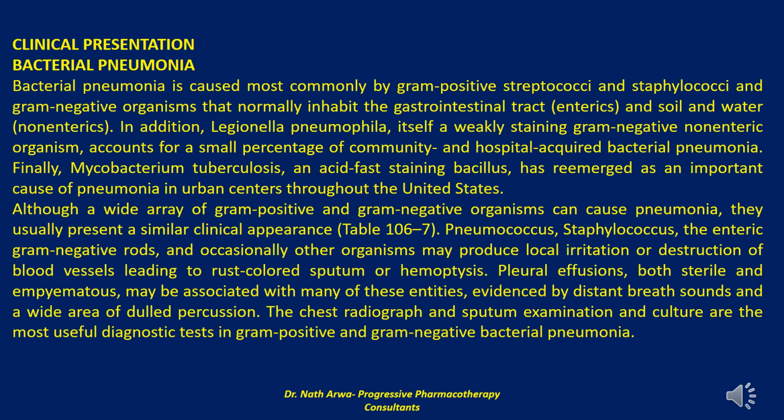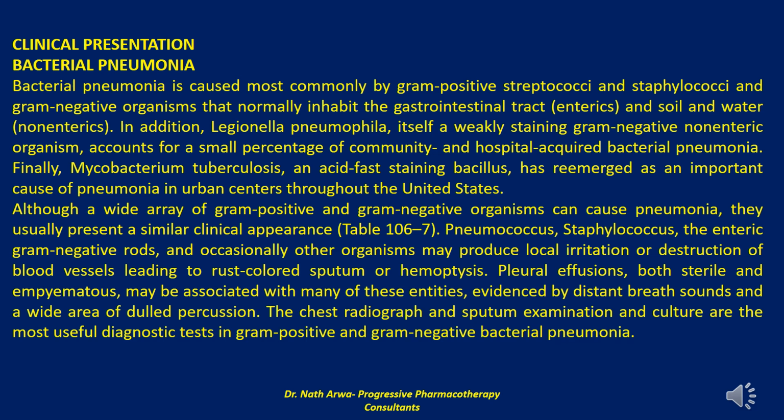In addition, Legionella pneumophila, itself a weakly staining gram-negative non-enteric organism, accounts for a small percentage of community and hospital-acquired bacterial pneumonia. Finally, Mycobacterium tuberculosis, an acid-fast staining bacillus, has re-emerged as an important cause of pneumonia in urban centers throughout the United States.